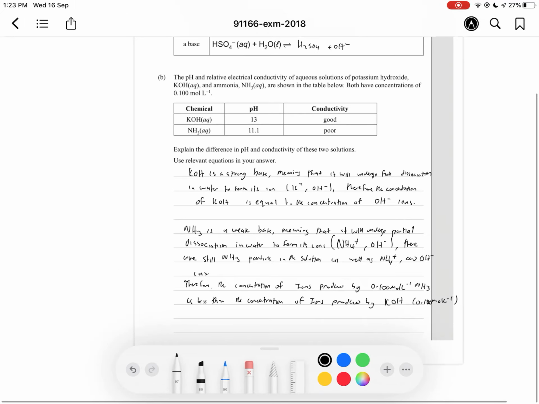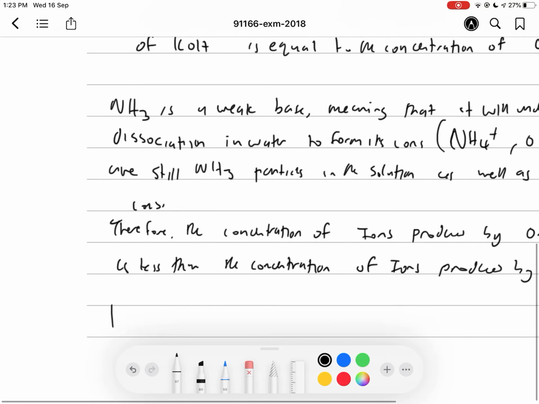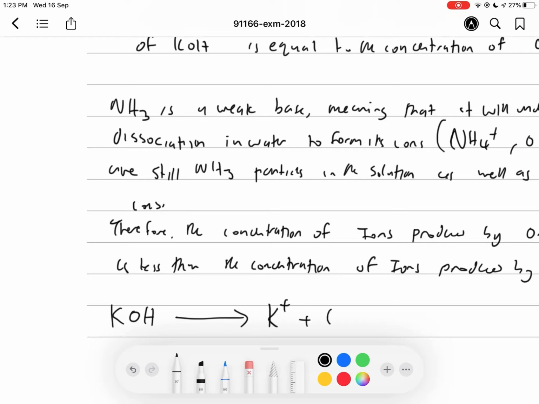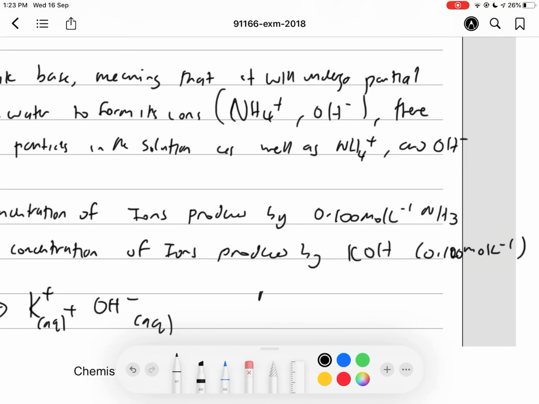In terms of the equations, it tells us to use relevant equations. For KOH, because this is a strong base that undergoes full dissociation, we'll use a reaction arrow. So we have K plus ions plus OH minus ions, and if you want, you can add the aqueous states. For NH3, that's aqueous plus H2O in the liquid state.